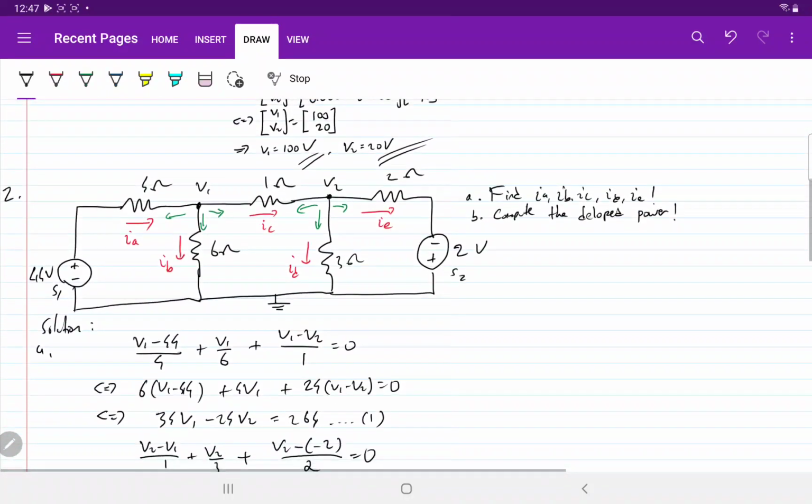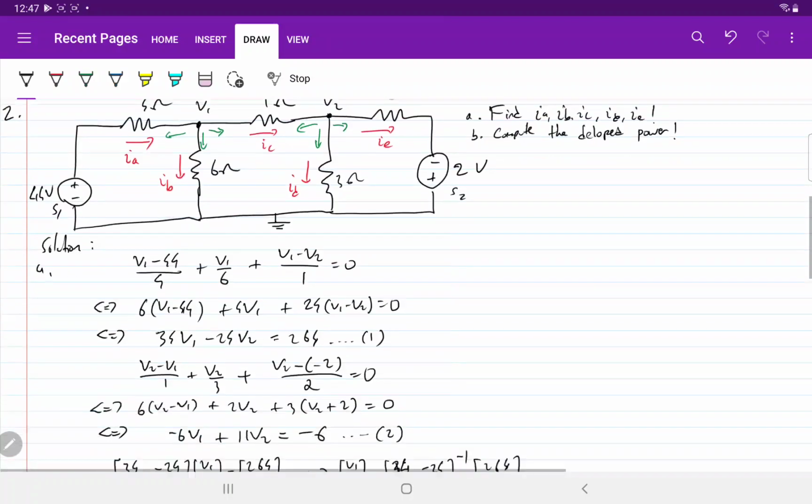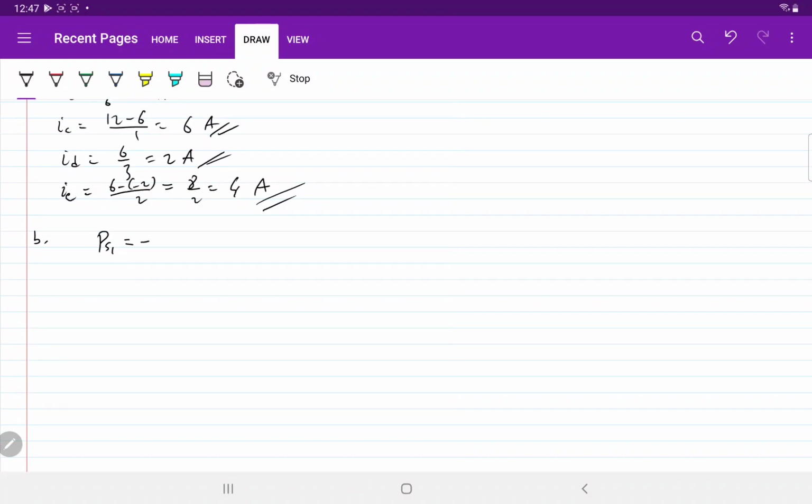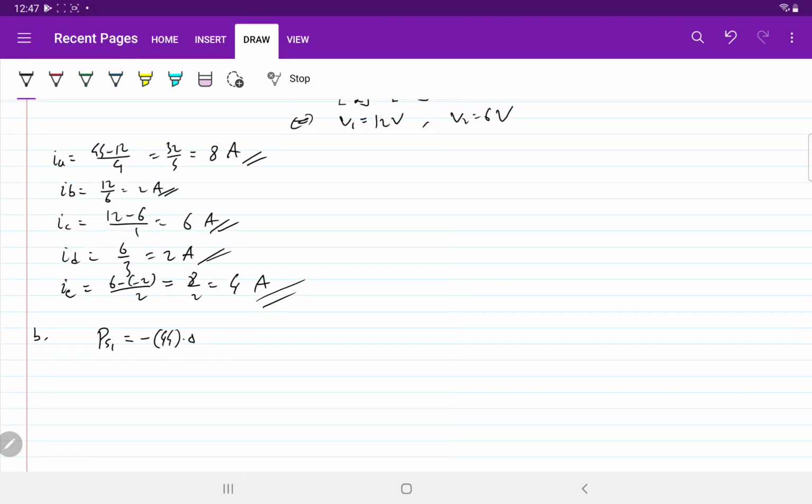But if you notice that we have plus sign here and the current is going out, so the sign is negative. 44 volt times IA, which is 8, so this is equal to 352 watts.